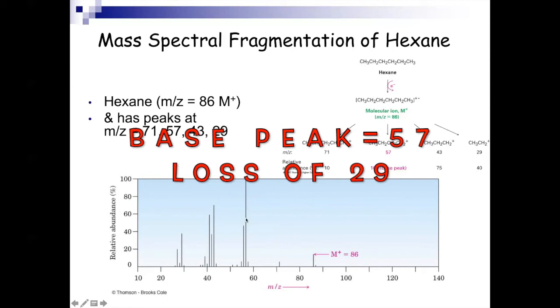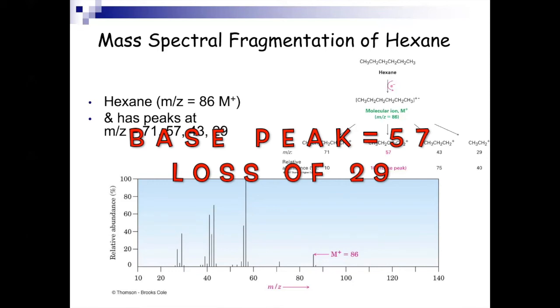So if we subtract 57 from 86, we get 29. And that means that the fragmentation that happened in order to observe this peak right here at 57 was loss of 29, which meant that CH3CH2 fell off. And what we have left is our radical cation that is observed at 57.